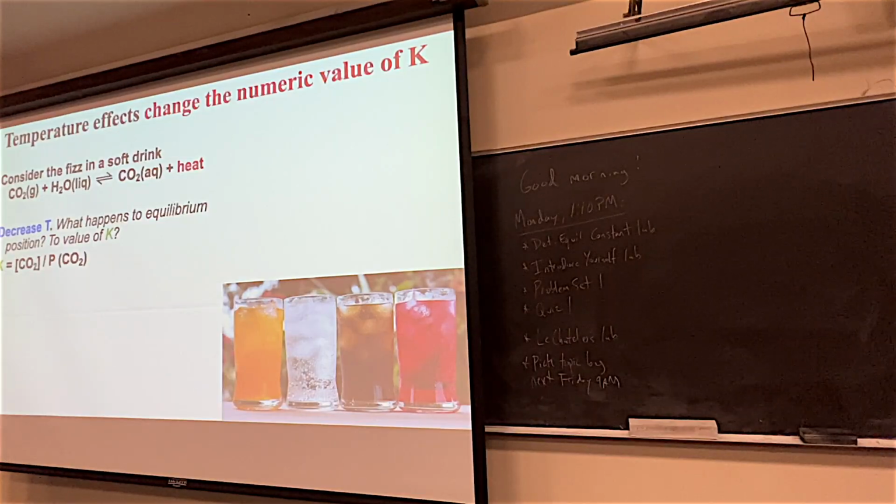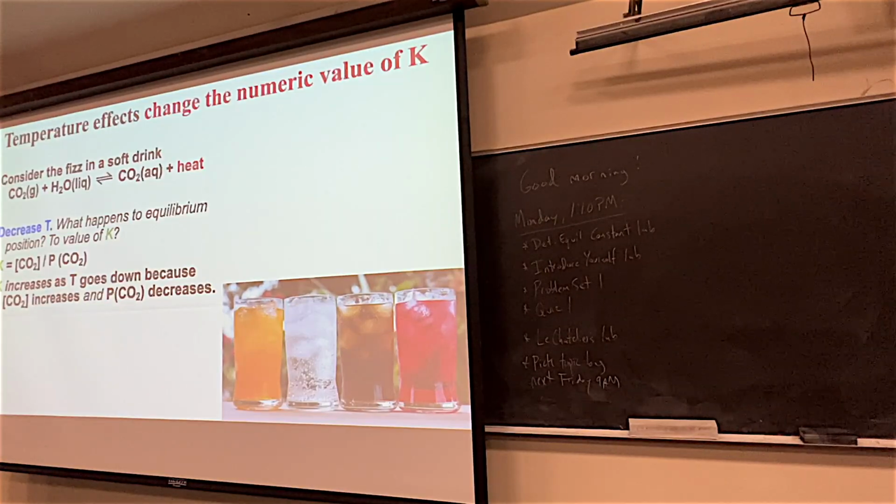So decreasing the temperature is going to increase your K, because decreasing the temperature means taking away the heat. And reactants are going to make products to try and make more heat to compensate. That's the only way the reaction can make more heat. And if you have reactants going to products, products go up, reactants go down, your K is going to be bigger.